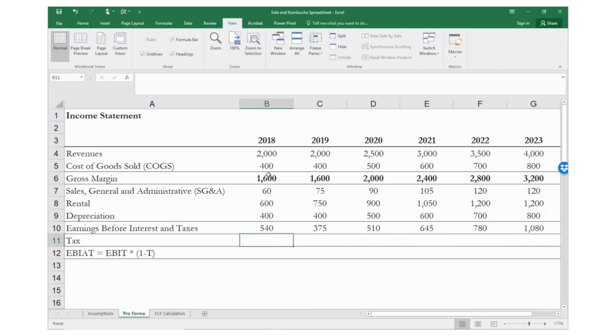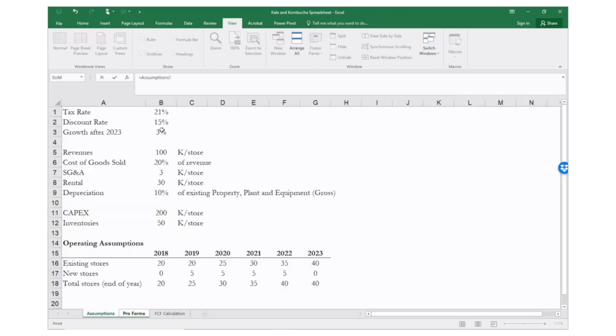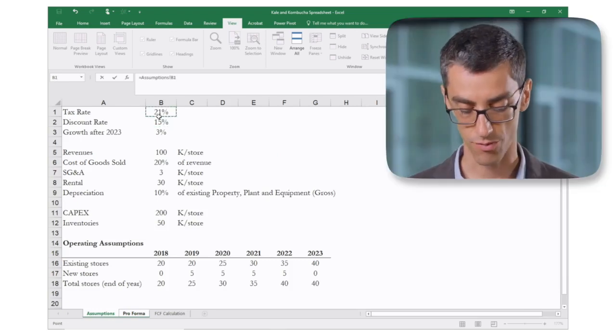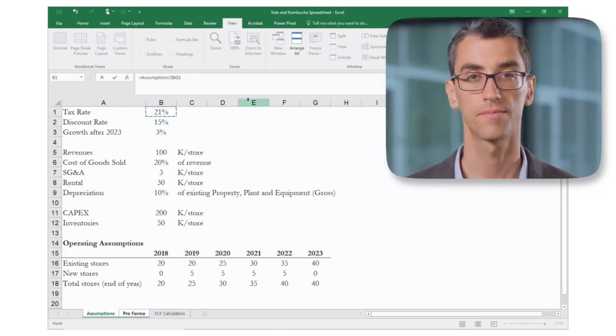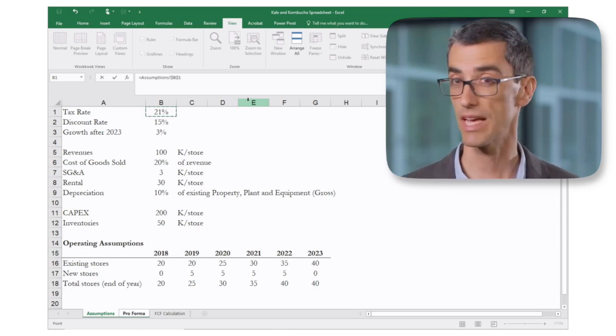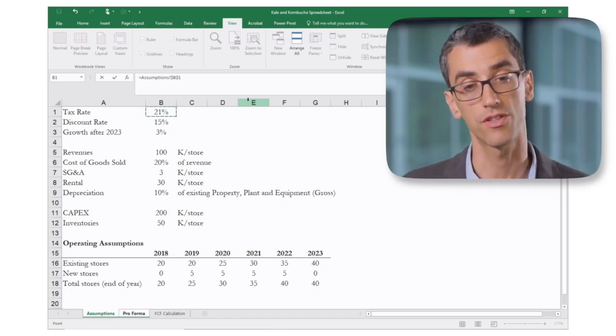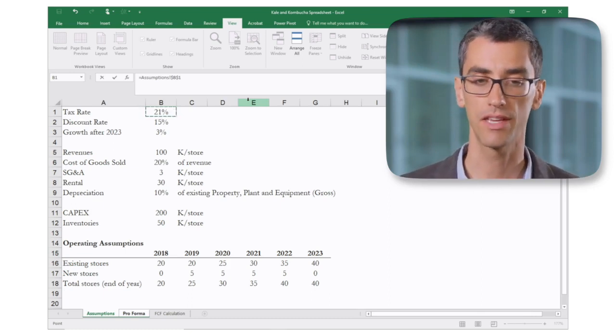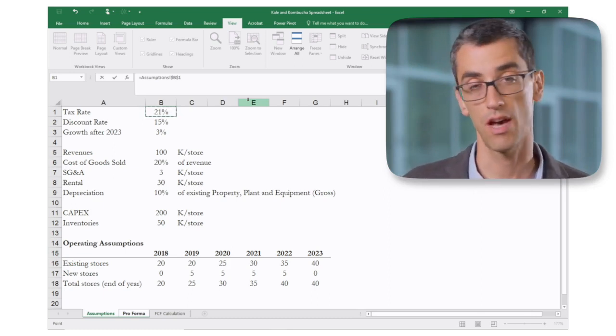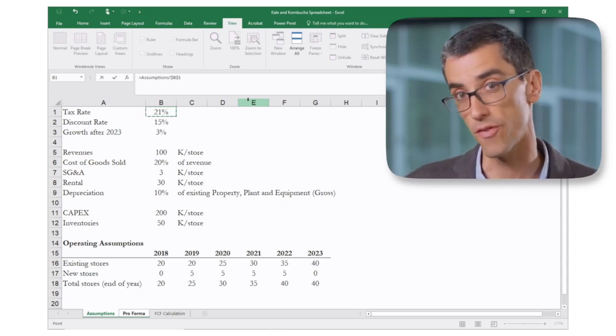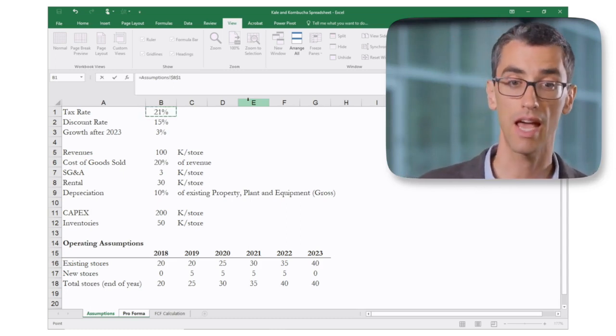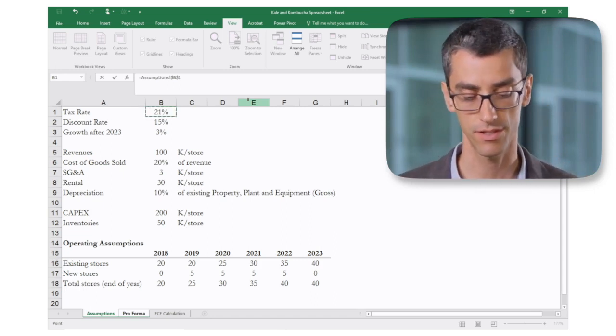The next step is to account for taxes. And taxes are 21% of the earnings before interest and taxes that we computed over here. That number is under the assumptions sheet. We have a tax rate of 21%. I will fix that number because that tax rate is true for all of the years that we have in our case, or at least right now we don't know there will be any difference, so we have to use the information that we have right now in order to compute the amount of taxes.